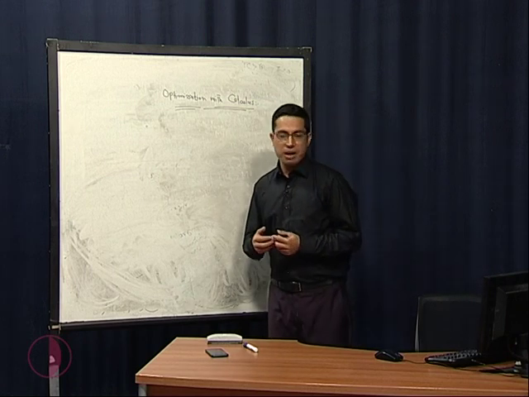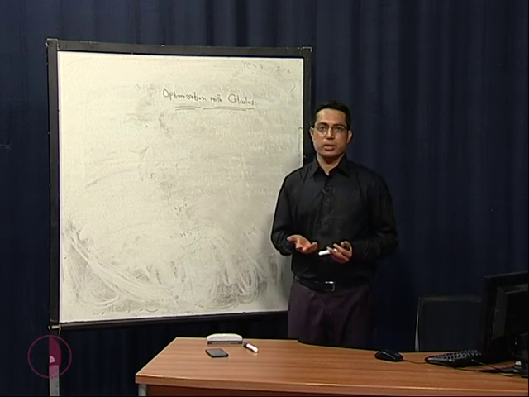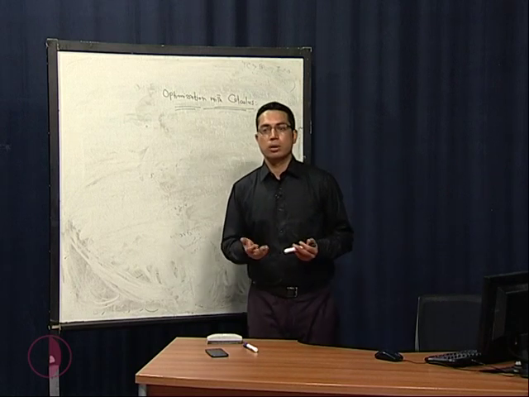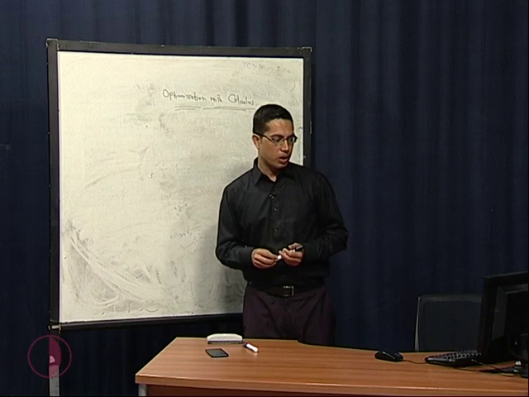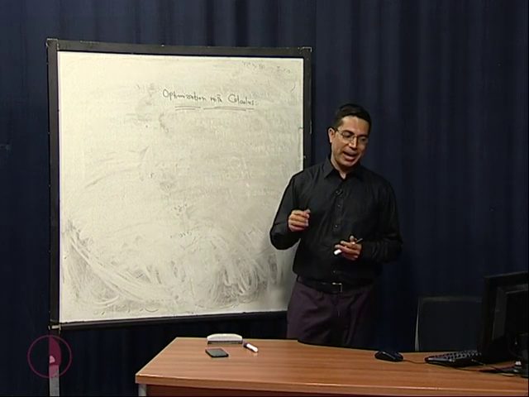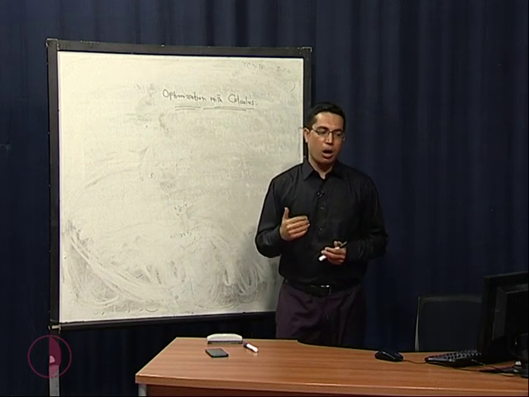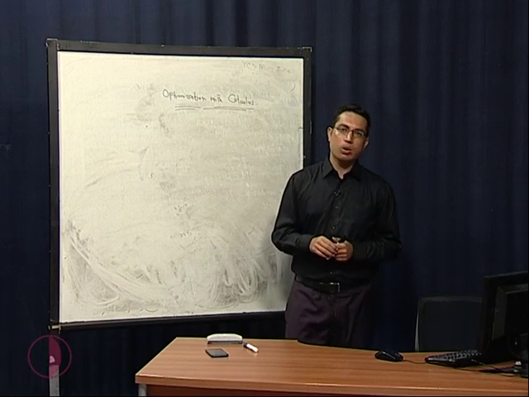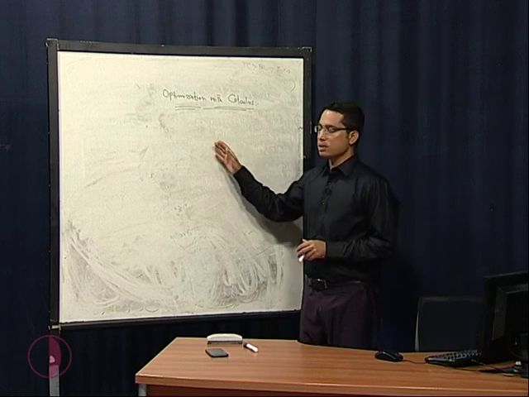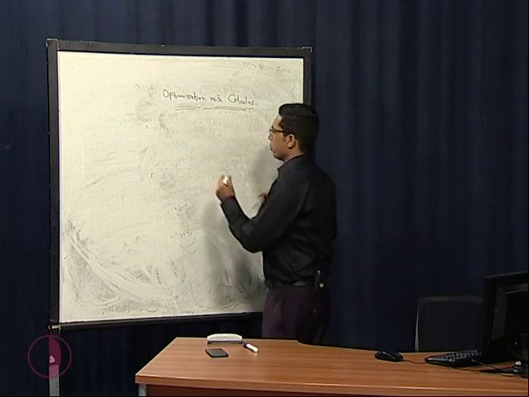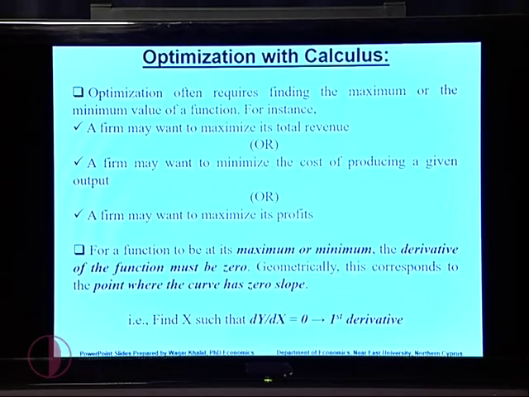For example, a firm may want to maximize its profit, or a firm may want to minimize its cost. For a function to be at its maximum or minimum, the derivative of the function must be 0. This is the important point for knowing the maximum and minimum point.